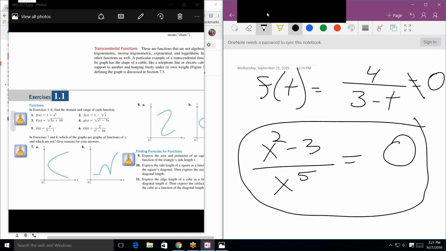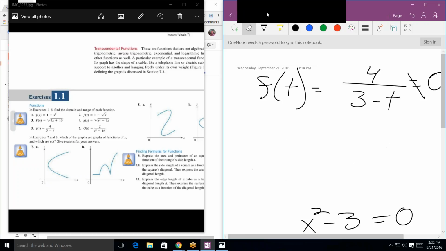Nothing else matters. I don't care what the denominator is. In order for this, what I have circled here, to be an equation, the numerator has to be equal to 0. So my very next step would be setting the numerator equal to 0 and solving it. Well, the same principle holds in this problem.